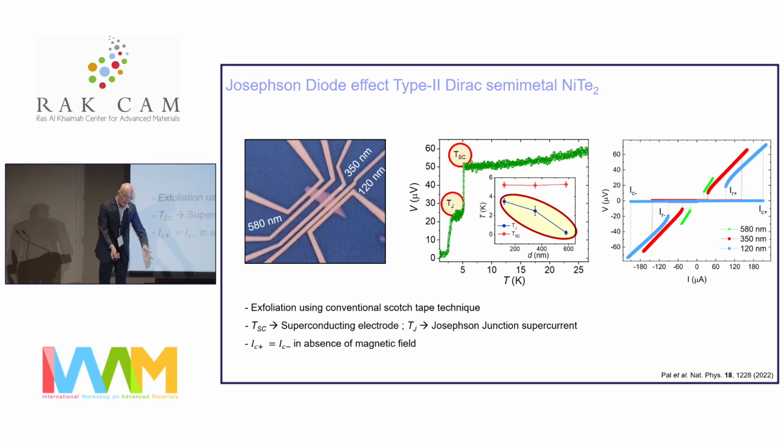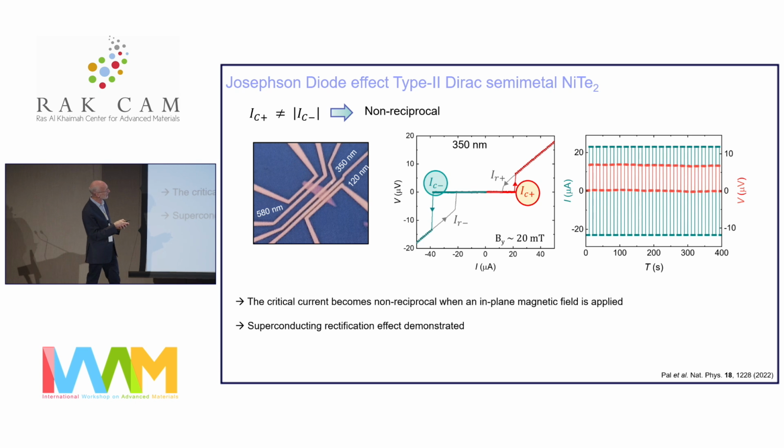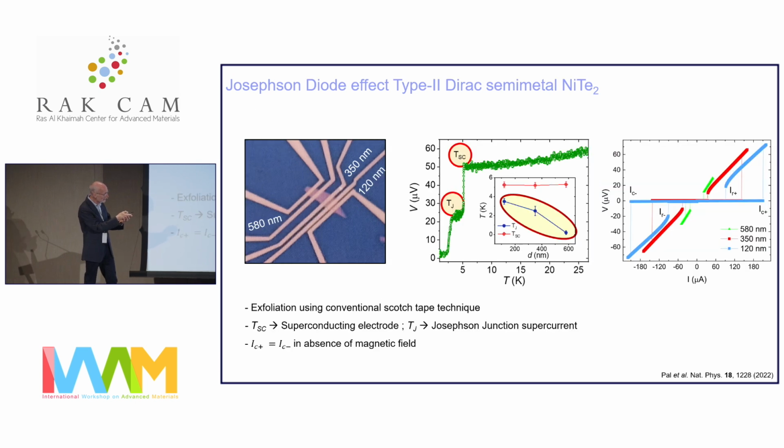Now we've got niobium electrodes, which we've patterned using electron beam lithography onto an exfoliated flake of this material. So you can see this is the flake. These are niobium electrodes, and they're separated by 120 nanometers, 350, and 580 nanometers.